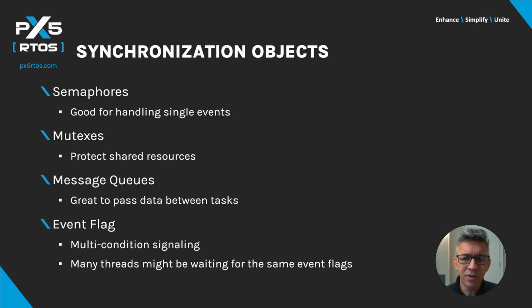For a quick recap, all of these that I'm showing here were covered in previous videos with a lot more details, but just as a quick reminder, semaphores are great for handling of single events, mutexes are great for protecting shared resources, message queues are great for passing data between tasks, and today we'll be looking at event flags, which are used for multi-condition signaling, but also for the fact that many threads might be waiting for the same event flags, which is pretty flexible. Let's take a look at them.